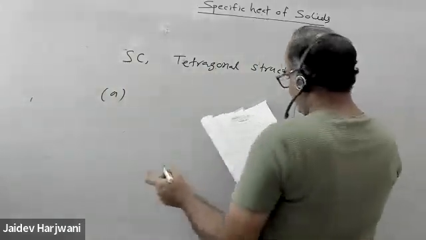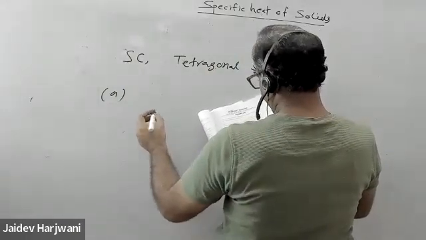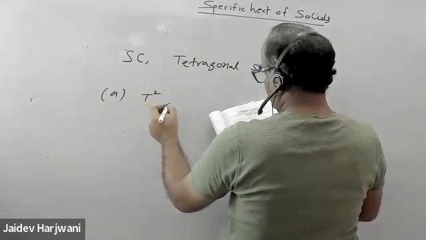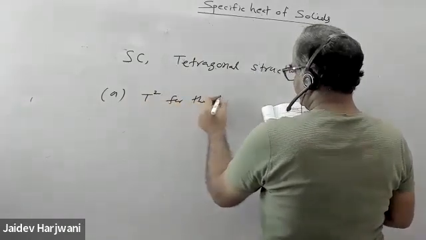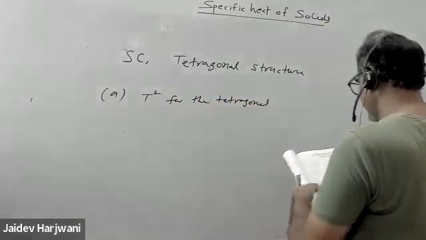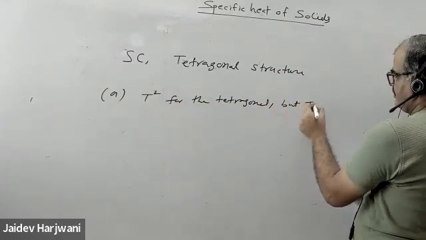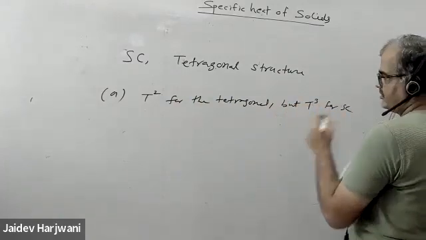Option A is T square for the tetragonal, but T cube for the simple cubic system.